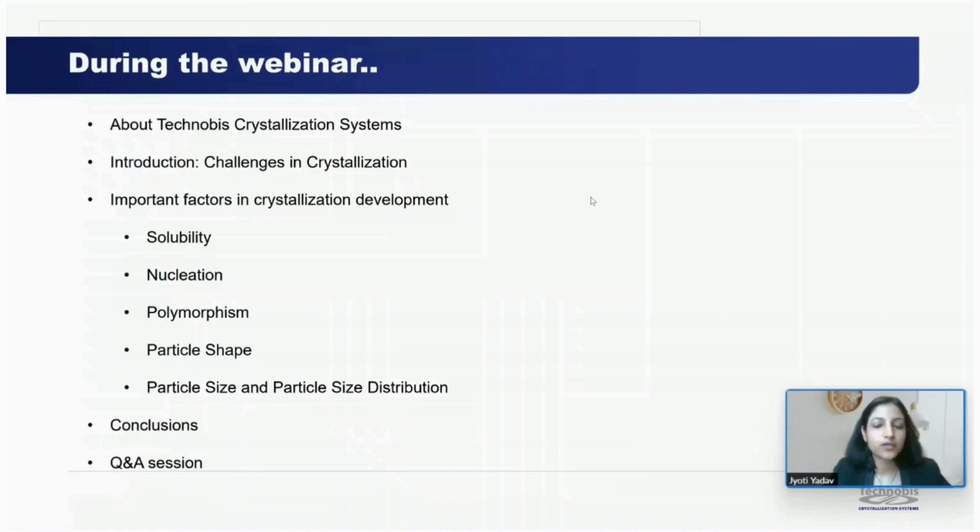We will go through each factor and parameter and discuss why it is important to measure these properties and how we can measure them using these small-scale single platforms, and then conclusions and Q&A session.